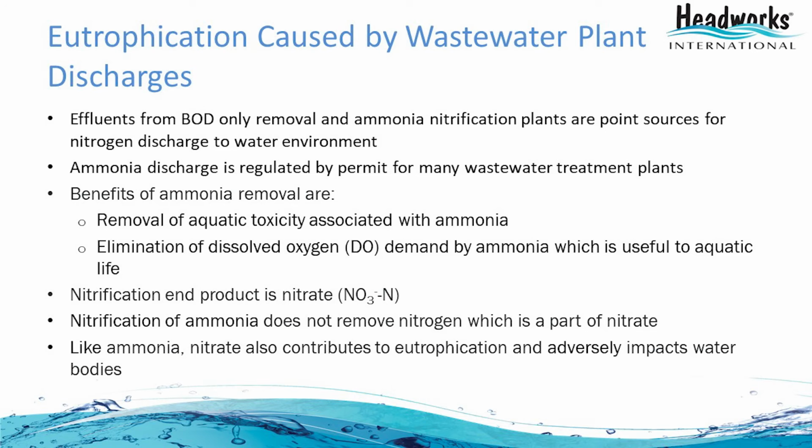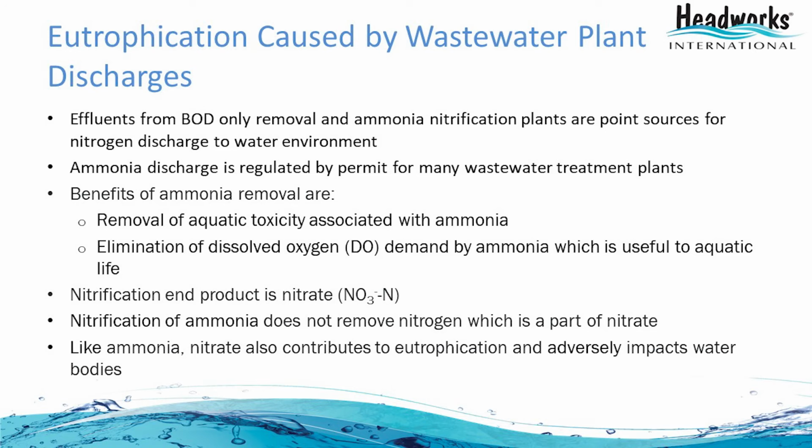Ammonia itself is harmful for fish and other aquatic life because it creates aquatic toxicity and also removes dissolved oxygen. So there is a shortage of the dissolved oxygen that aquatic life depends on for sustenance.